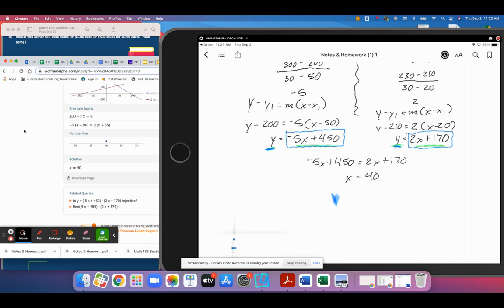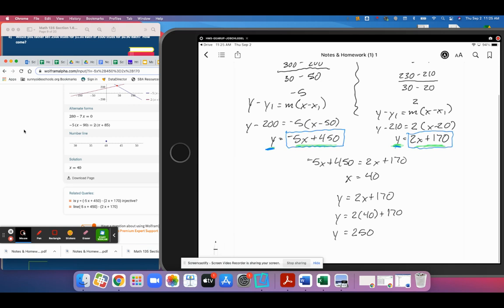We are going to have, and I need to get rid of my highlighter, go back to my pen, y is equal to 2x plus 170. We can substitute the 40 in for x because now we know that x is 40. So 2 times 40 plus 170. And if we gave that to Wolfram, everyone, we would see that y is equal to 250.